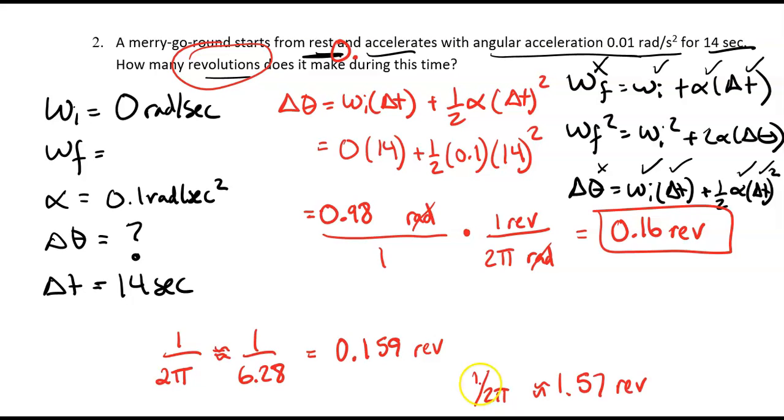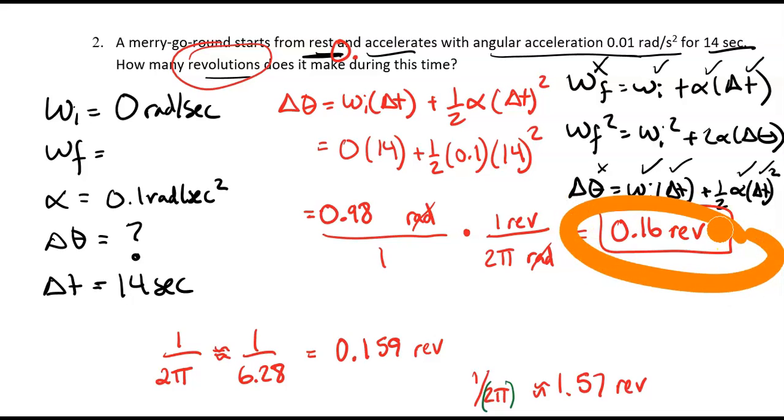So be very careful. I bet you can guess what this silly mistake is. You have to put this whole bottom thing in parentheses, otherwise your calculator will think that you're dividing by 2 first and then multiplying by pi. But you're dividing by the quantity 2 times pi. So just keep that in mind. It's very easy to make silly mistakes with those, but this right here is our answer, 0.16 revolutions. Awesome. Thanks for watching.